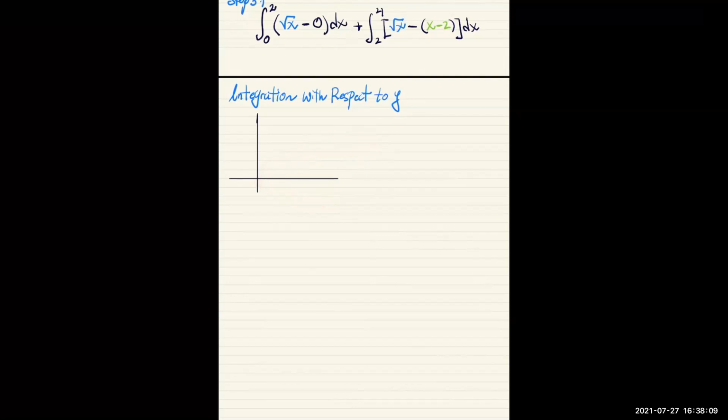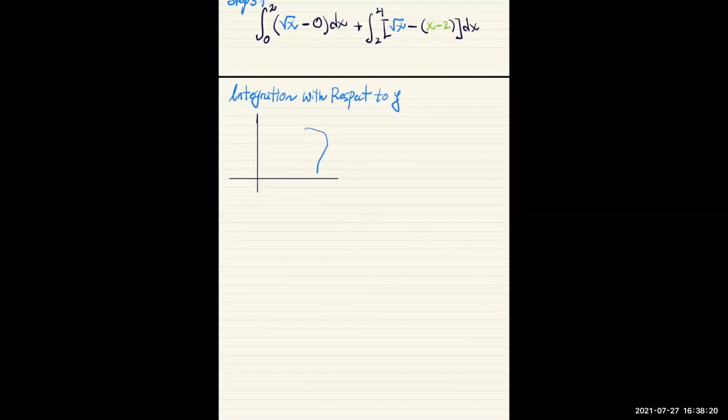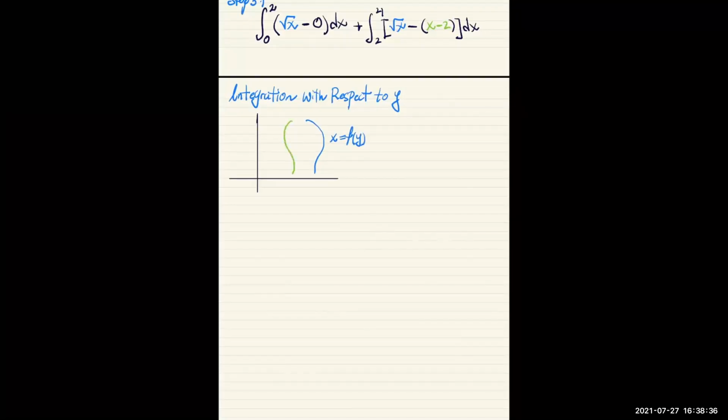But I can have, so let's say we could have this graph. See, it's kind of harder to wrap my head around. This graph, x is a function of y. X is equal to f of y. And we could have a left graph like this one. It's x equal to g of y. X is also a function of y.